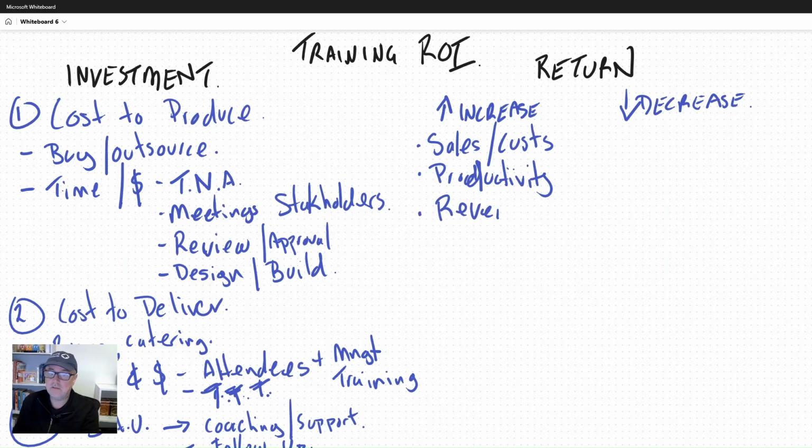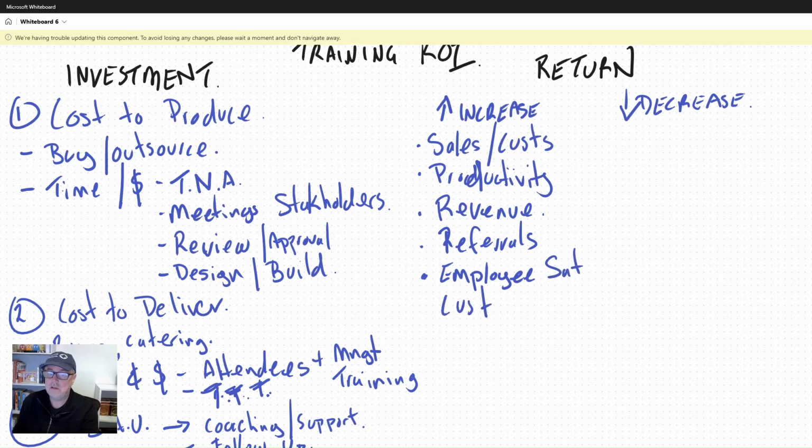An increase in revenue. So possibly linked to customer numbers, not necessarily. Could be more revenue from the same number of customers, could be additional revenue sources, additional products, but an increase in revenue, an increase in referrals. We certainly know that effective training and regular training leads to an increase in employee satisfaction and usually customer satisfaction as well.